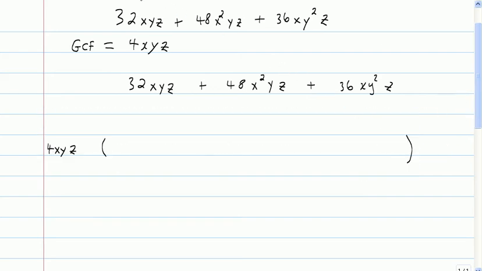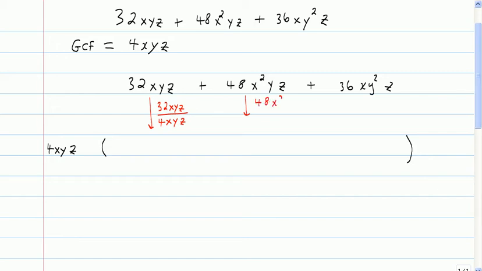And if you have any trouble doing it, then you can always figure out what goes inside the parentheses by dividing each of the terms of the original polynomial by the GCF. Now keep in mind you don't have to show this step. Most students after some practice can avoid writing this down.